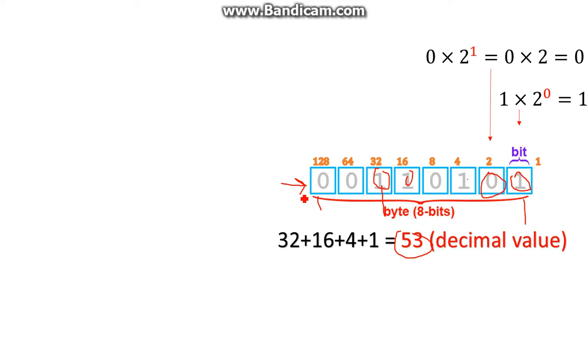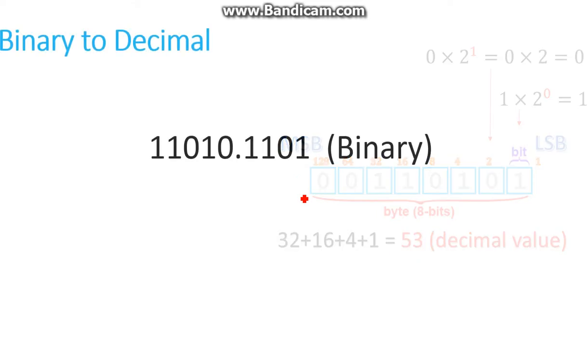Now, consider the following binary number. Notice that there are 5 bits to the left of the binary point, and 4 bits to the right of the binary point.